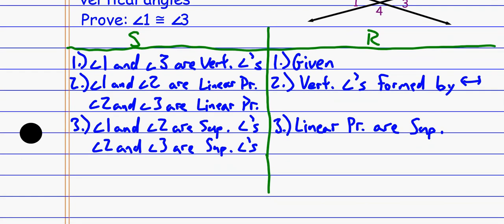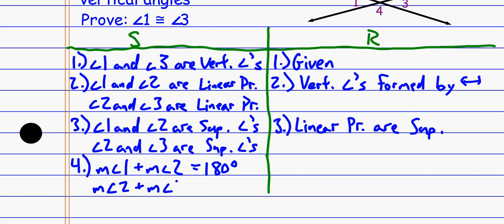Now, because I have supplementary angles, I know what supplementary angles are. Those are the ones that add up to 180 degrees, right? So the measure of angle 1 plus the measure of angle 2 equals 180. And same thing here, the measure of angle 2 plus the measure of angle 3 equals 180.